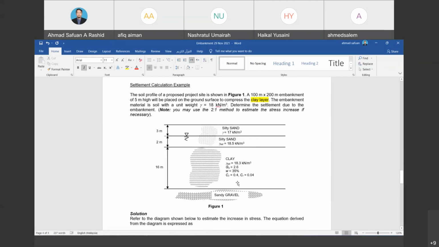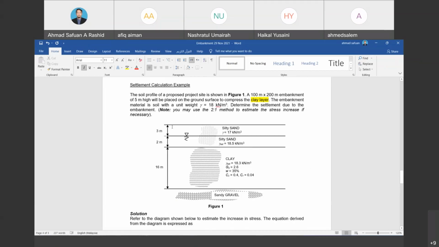In this case, we may use the equation which represents a normally consolidated condition. Why do we use the normally consolidated condition?